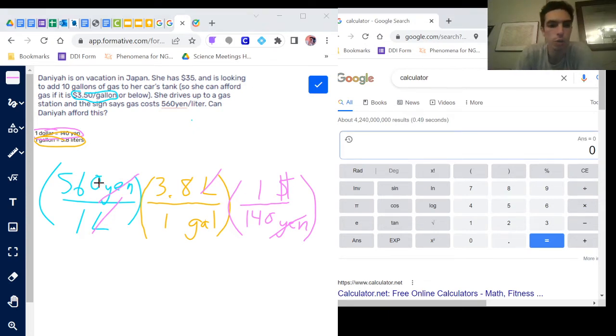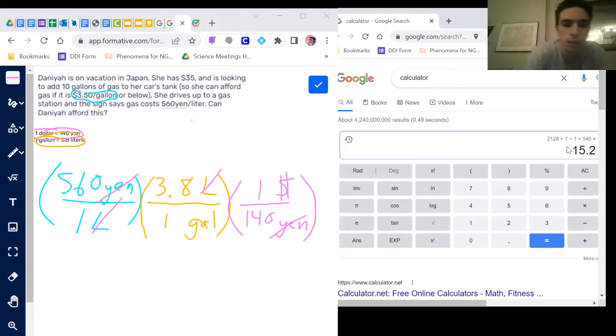Just like you would do with fractions that you're multiplying, we're just going to multiply by all the stuff up top and divide by all these numbers down below. So we have 560 times 3.8 times 1. I'm just going to hit enter so that I have that. Divided by 1, divided by 1, divided by 140.